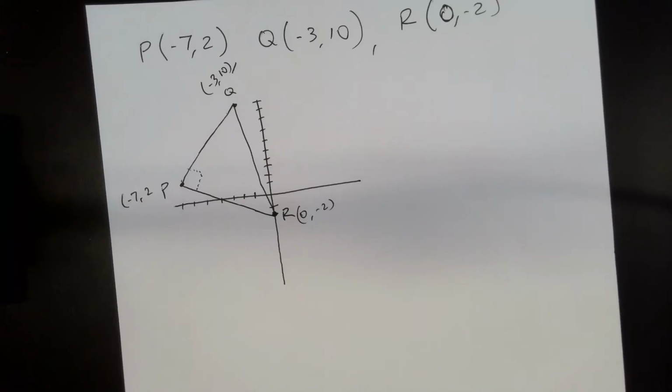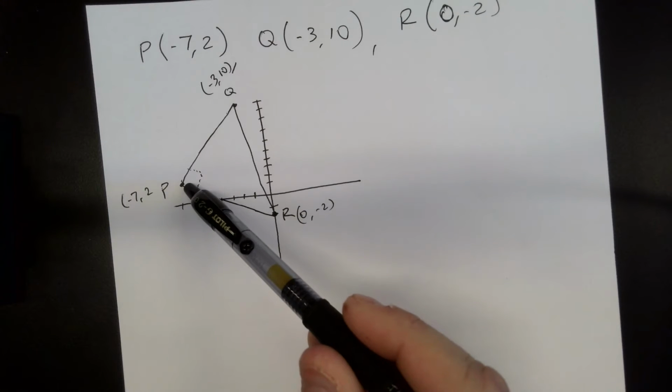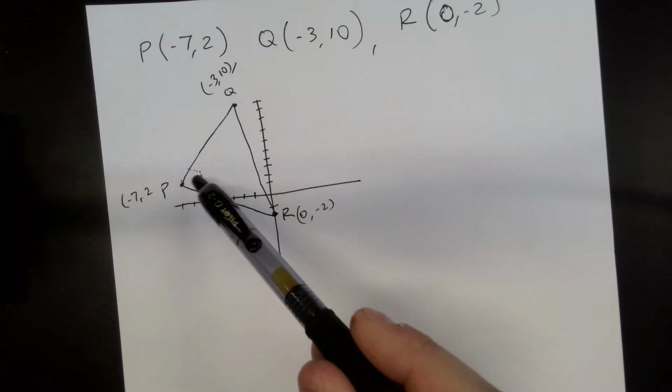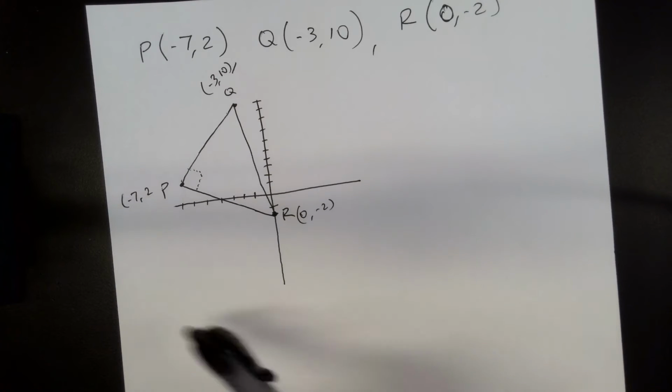Max, how can I determine if this is a right angle? Tyson, how? What did you say? Okay, here we go. We gotta think back to math 1 right now.